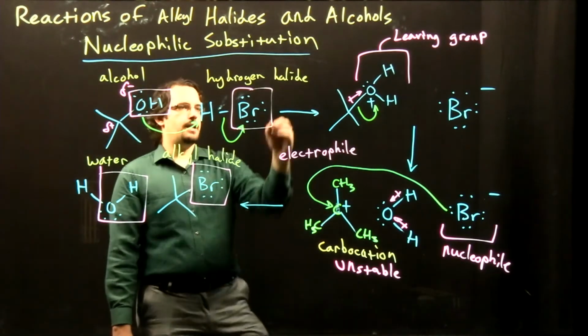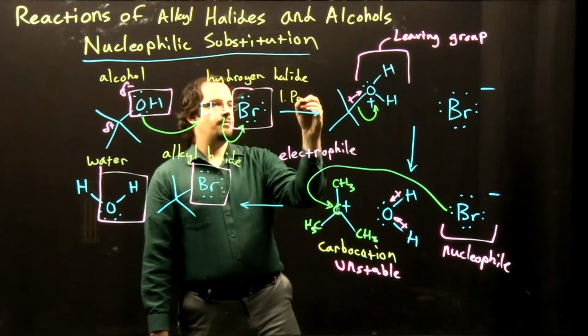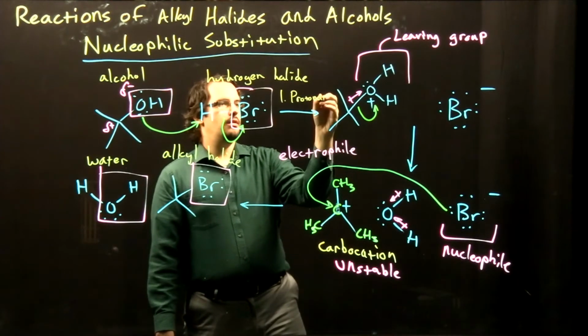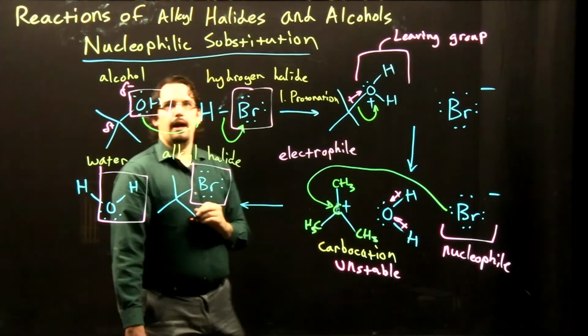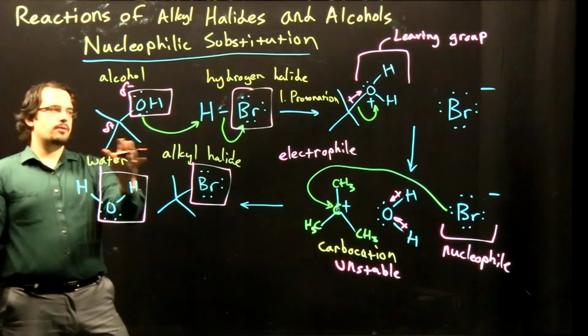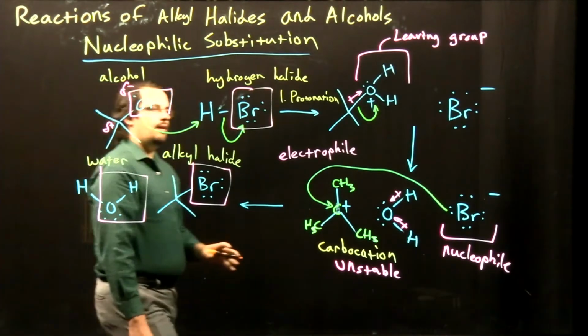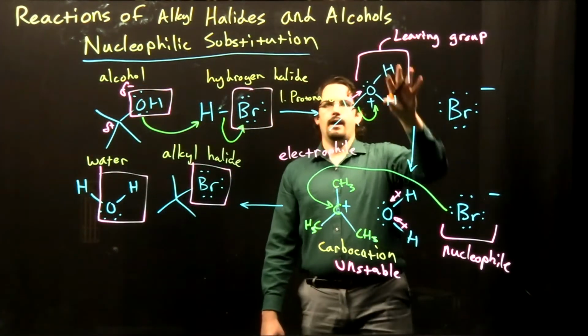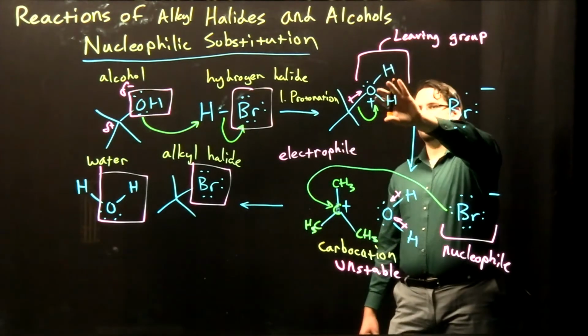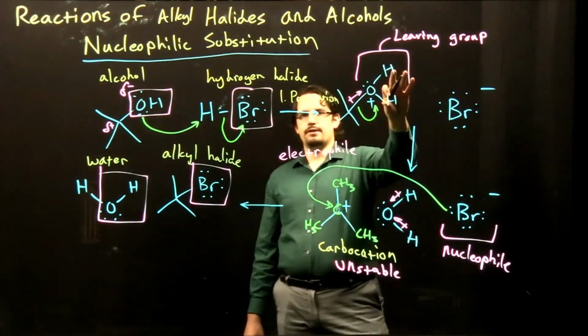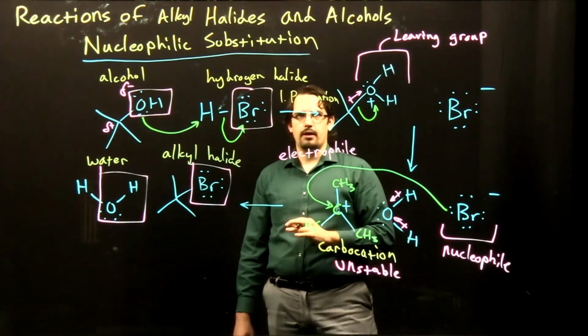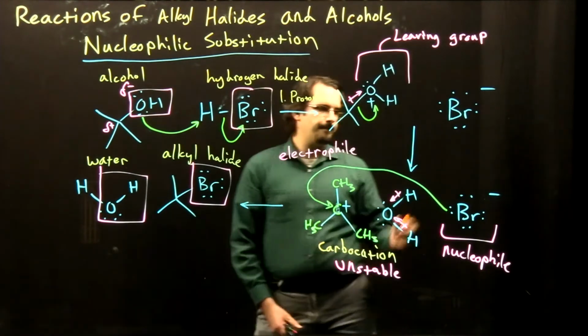We have our first step here of protonation, where our strong acid hydrogen halide protonates our alcohol to form that alkyloxonium ion that has our water as a good leaving group here. Our oxygen with those 2 hydrogens becomes water as it comes off.